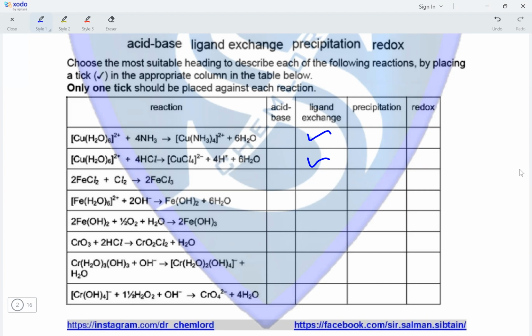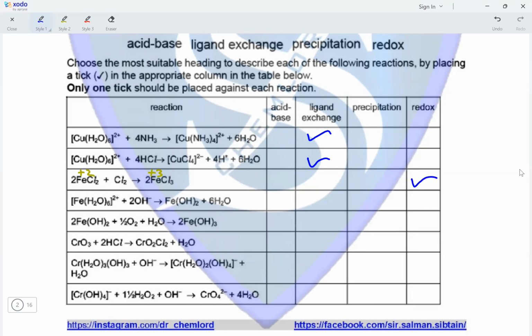However, on the reactant side we had an iron ion with a +2 oxidation state because it was bonded to 2 chloride, and on the product side it has a +3 oxidation state, so it is bonded to 3 chloride ions. Therefore, this is an example of a redox reaction.